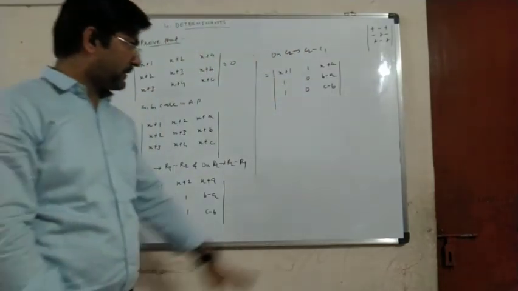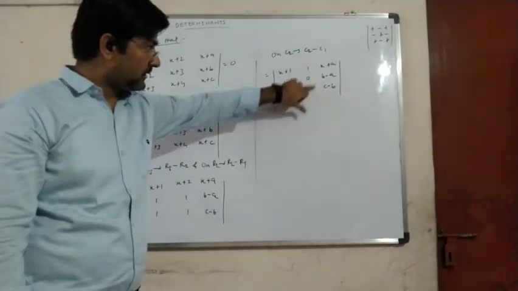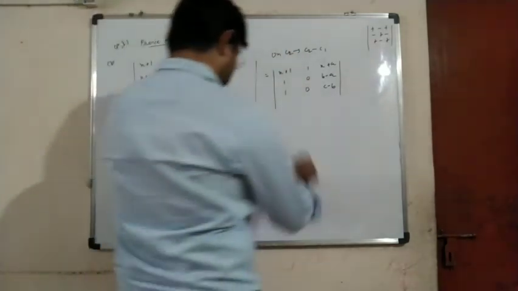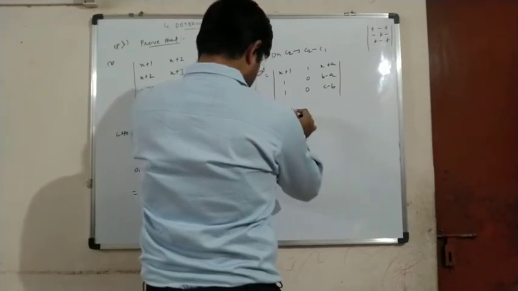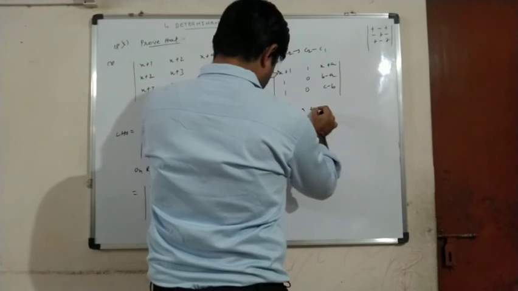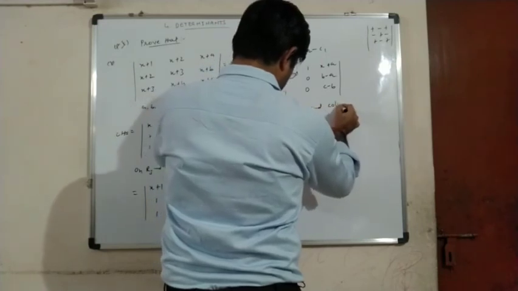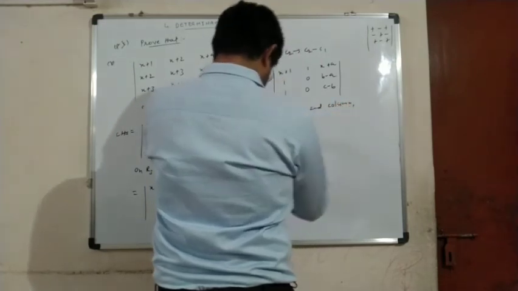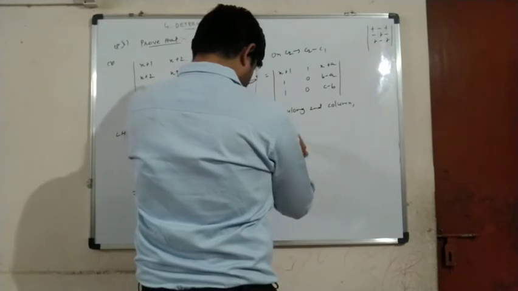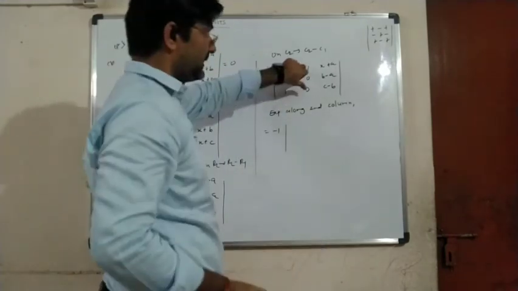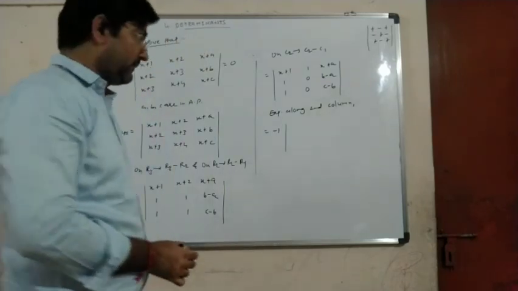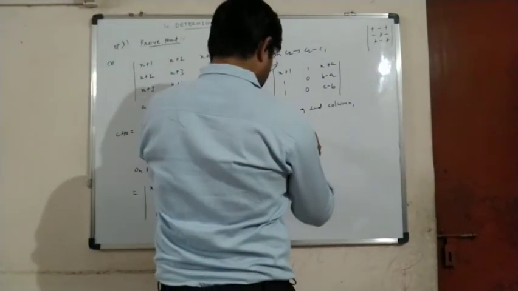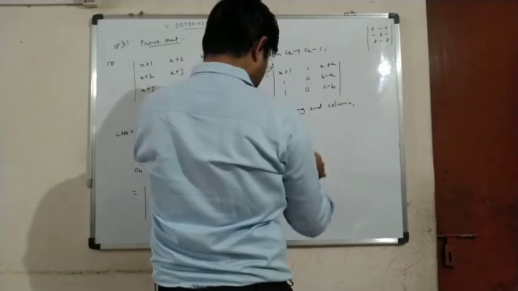Clear? Now we will expand along the second column because in the second column we have two zeros. So expanding along the second column is equal to minus 1. Yes or no? Because the sign convention is minus for a 1 2 element. So let us delete the first row and the second column.